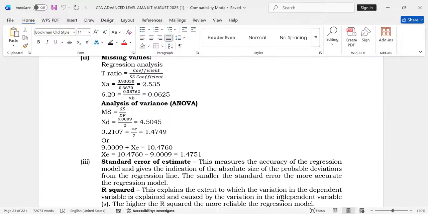The higher the R squared, the more reliable the regression model is. The higher the R squared, the more reliable the regression model is.